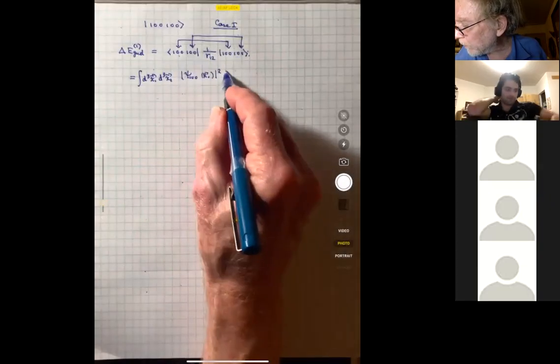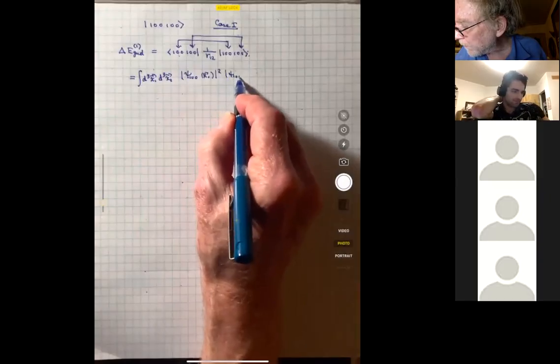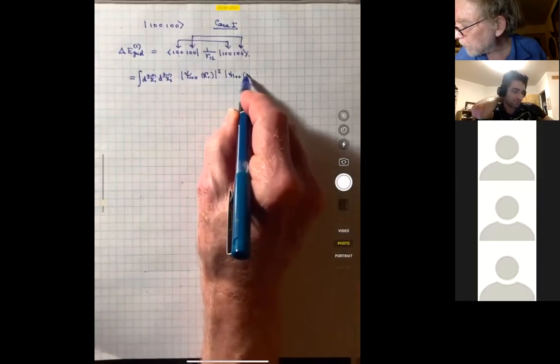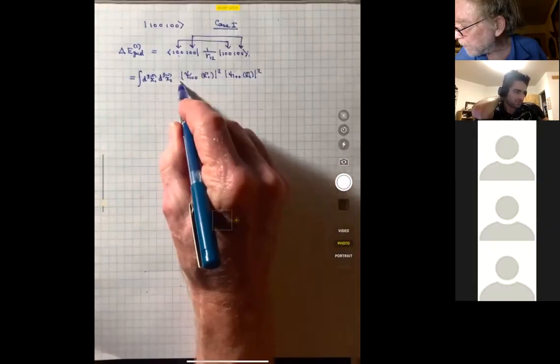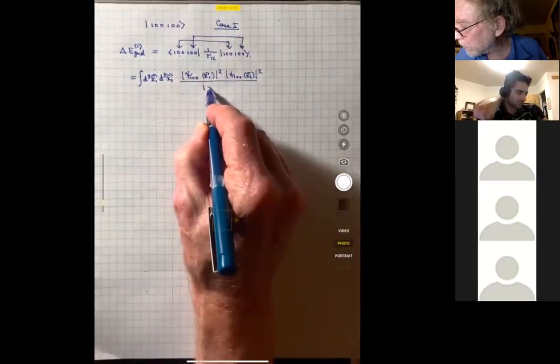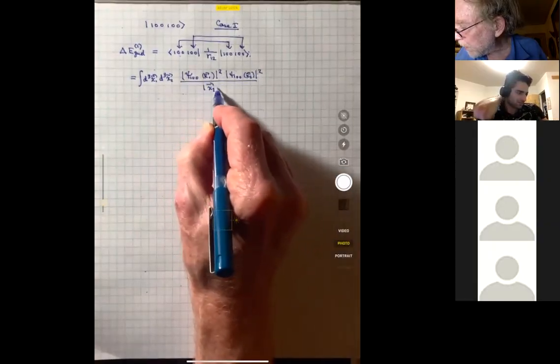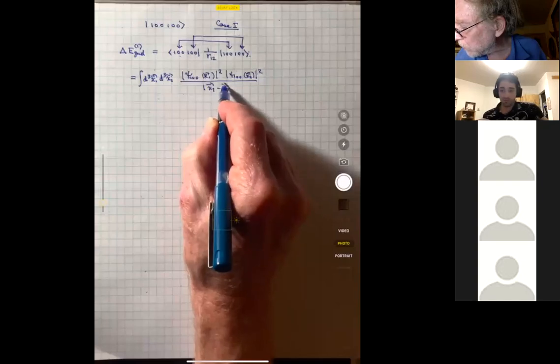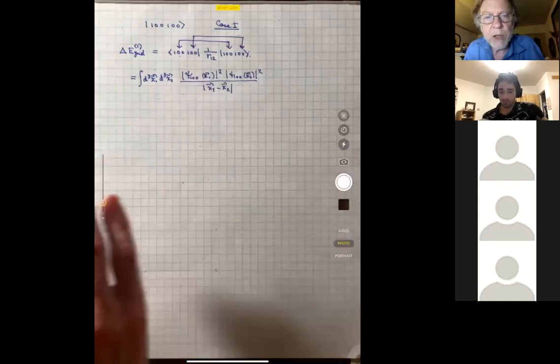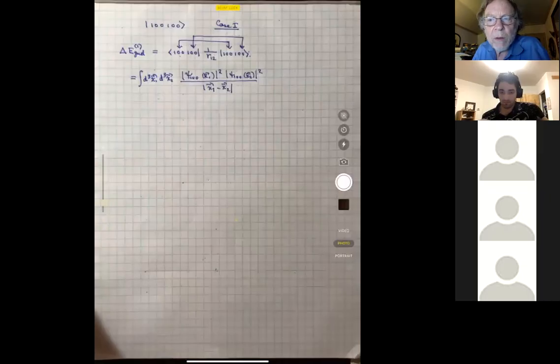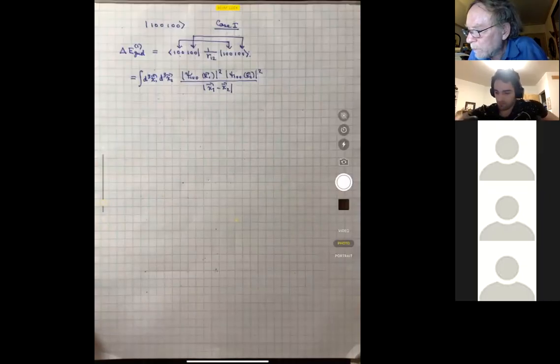For particle 2, we have psi 1, 0, 0 of x2, absolute value squared. And then the denominator is the Coulomb denominator, the distance between the two particles, absolute value of x1 minus x2. So that's the energy shift according to first order non-degenerate perturbation theory.